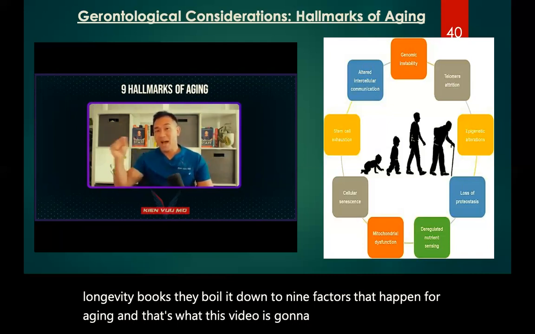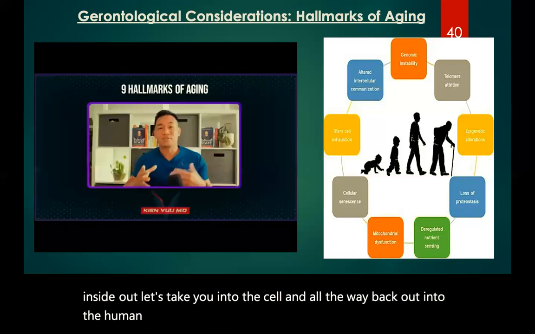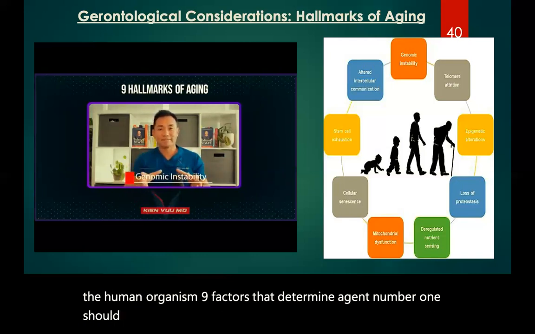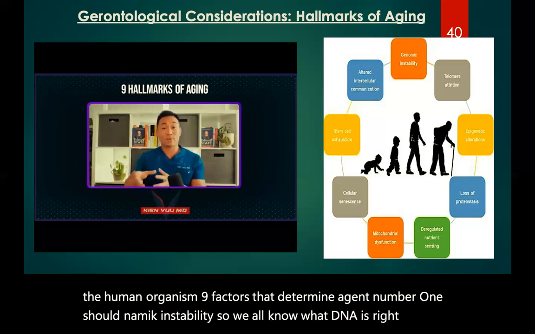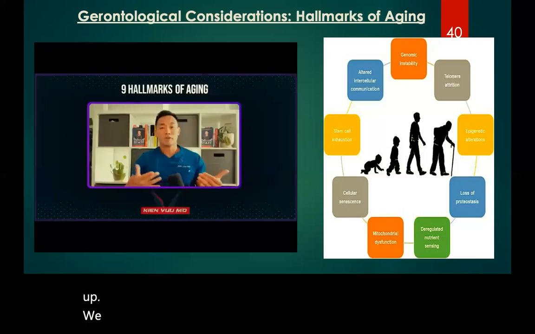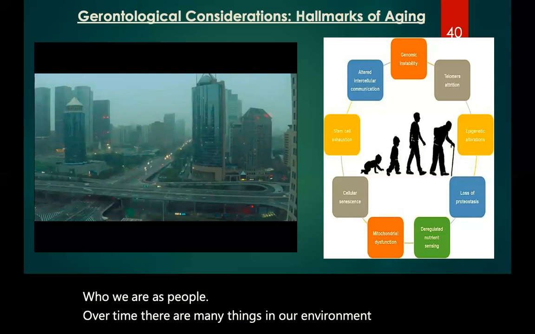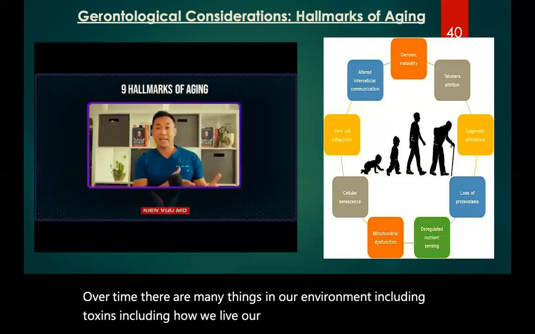So from the inside out, let's take you into the cell and all the way back out into the human organism, 9 factors that determine aging. Number 1, genomic instability. So we all know what DNA is, right? DNA makes RNA, makes protein, and those proteins kind of make up who we are as people. Over time, there are many things in our environment, including toxins, including how we live our lives, that could actually damage our DNA.